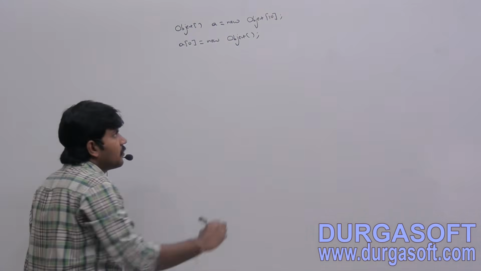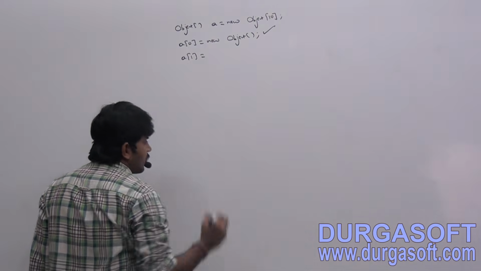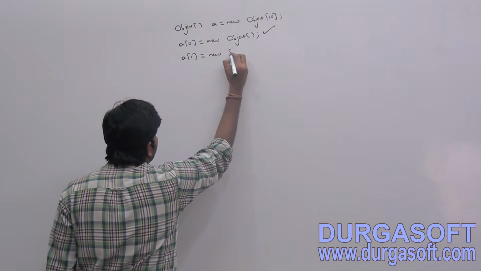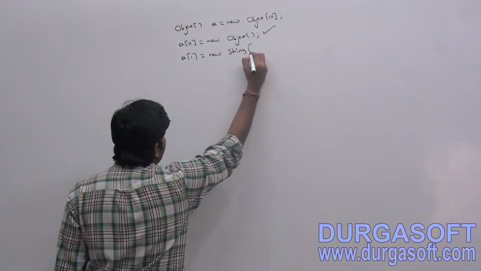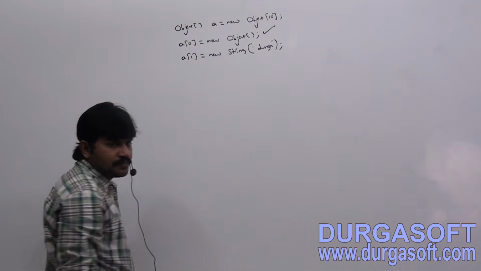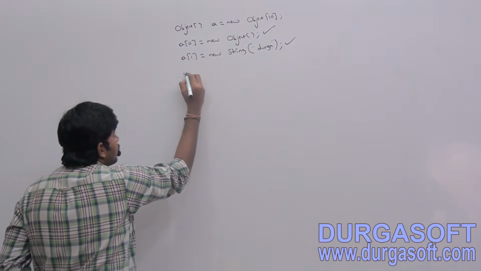It is perfectly valid. a[1] = new String("Durga"). Is it valid or not? a[1] = new String("Durga") is valid, no problem at all.